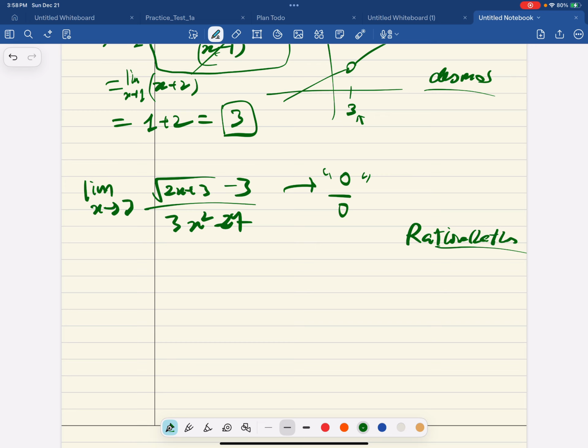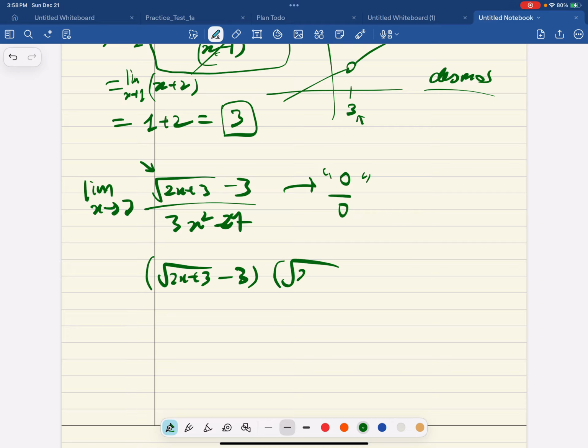And rationalization basically comes from this idea, the difference of squares, by applying the difference of squares to the roots. So what happens if you do the formula on these roots? It becomes rationalized. Instead of a minus, like we had a minus right here, we're going to use a plus.